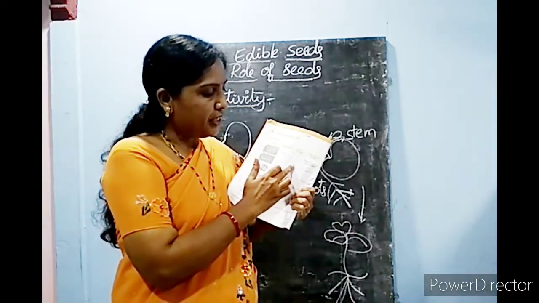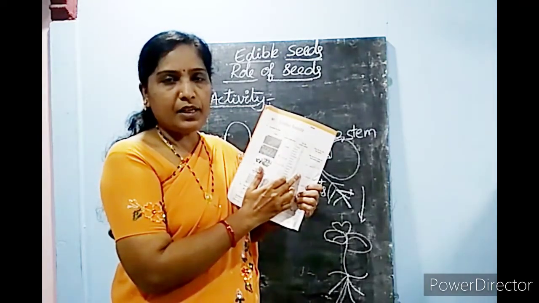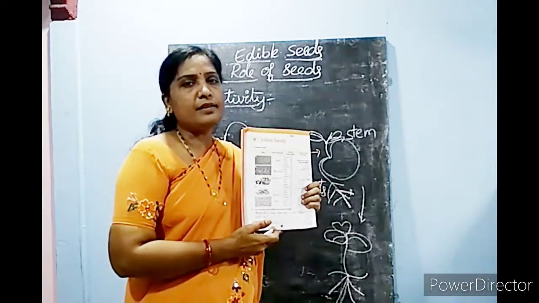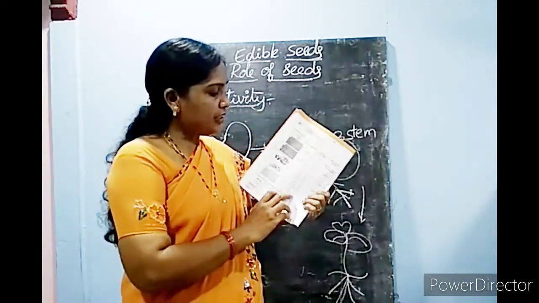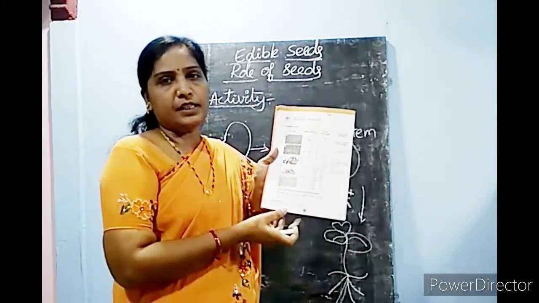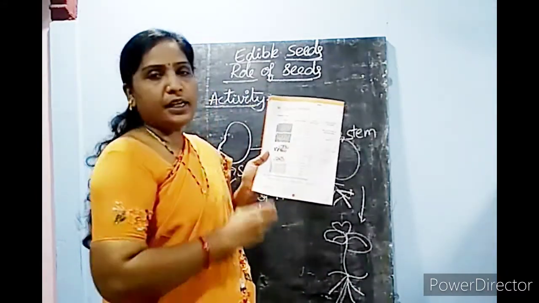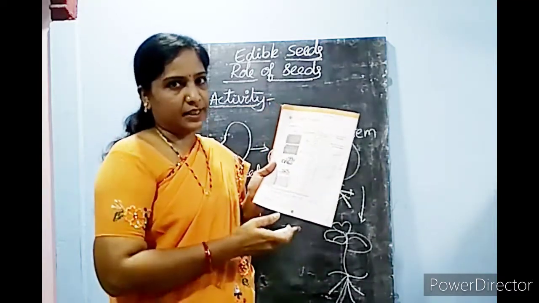We get oil. What are the uses of badam seeds? We use them to make oil. Right, children? Same way, you identify the remaining three seeds and under which category it will come, you just tick them and write their uses.